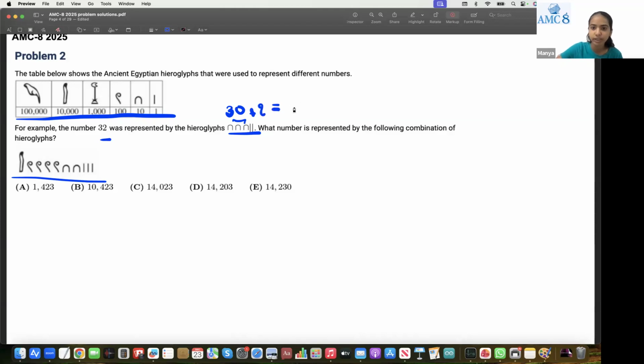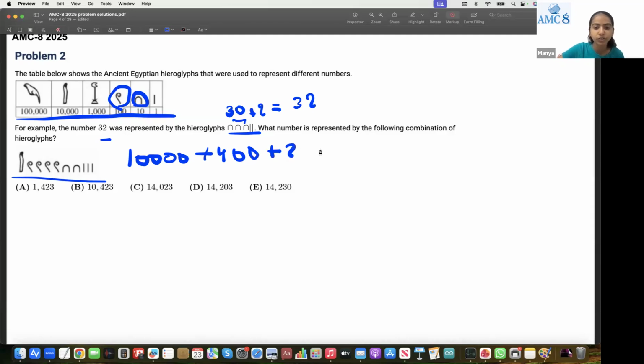So all we need to do is add these numbers. We have this one, which is the same thing as this one right there, and we already know that's 1,000 since they gave us a key. So 1,000 plus this one, which is equal to 100, but there's 4 of them, so that would be equal to 400. 400 plus this one, which we know is a 10, and there are 2 of the 10s, which is equal to 20.